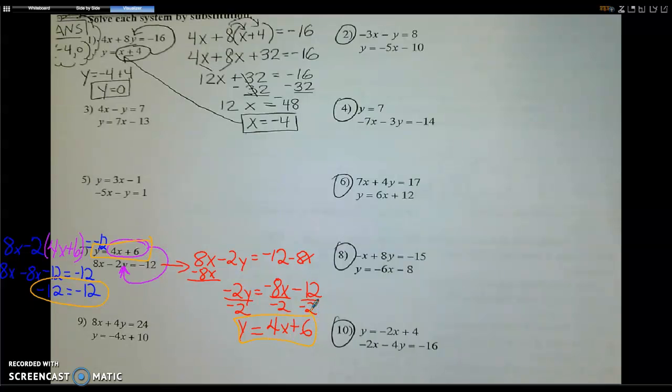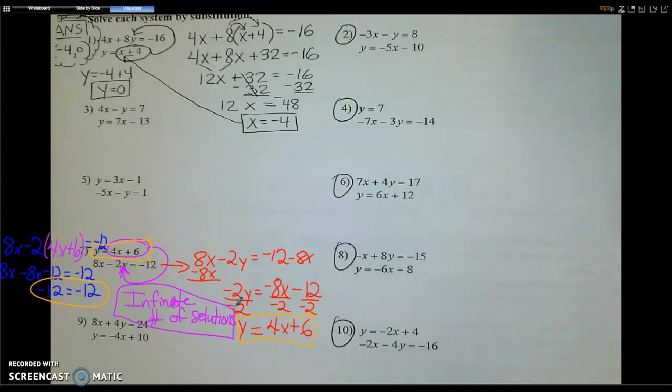If we graphed them, it would be a line right on top of another line. So our answer is infinite number of solutions. So this is one of our special cases.